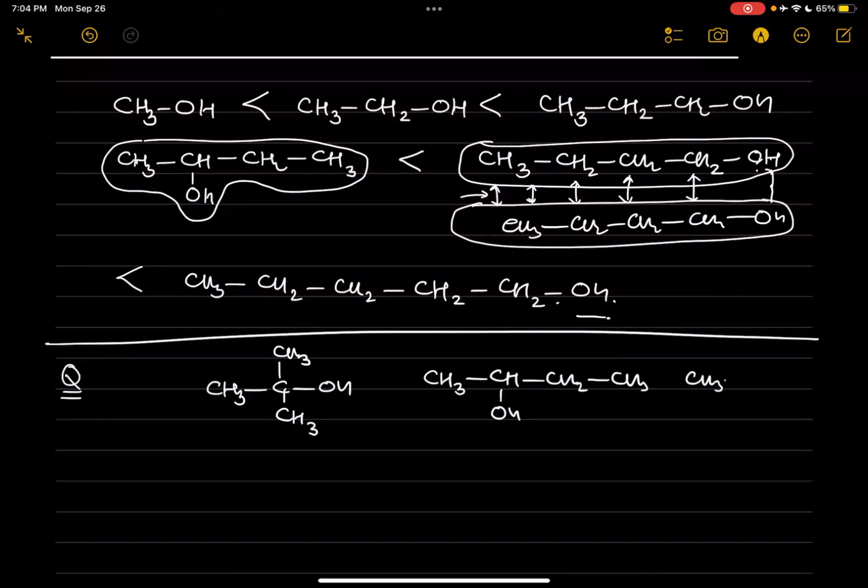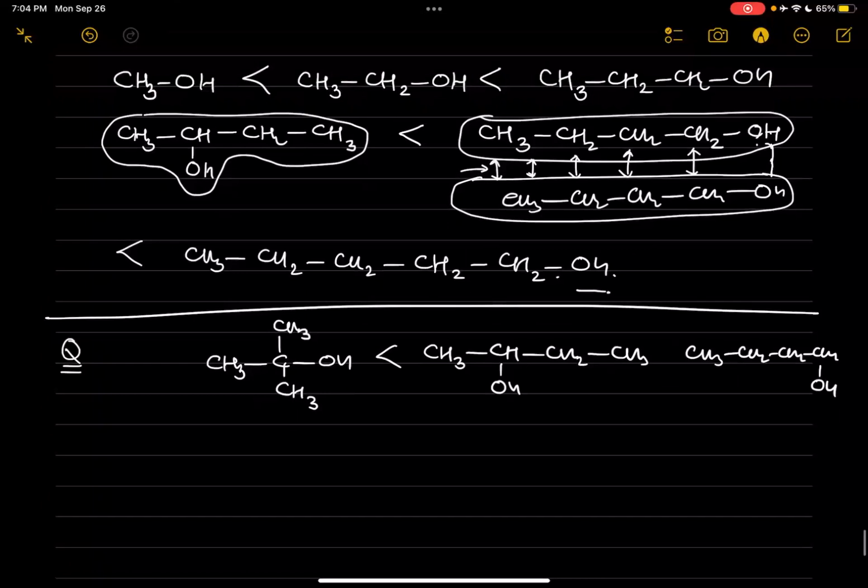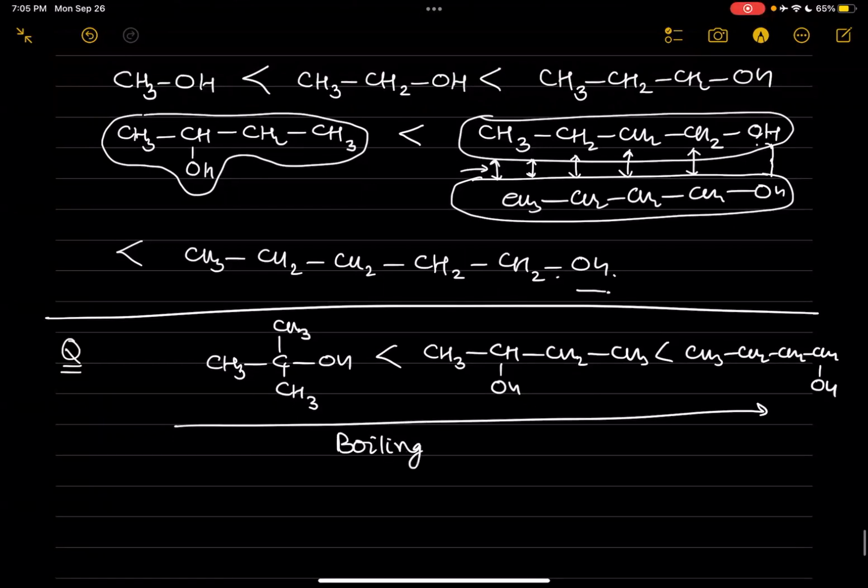And this one is normal butanol. So the boiling point order is going to be like this. Right?